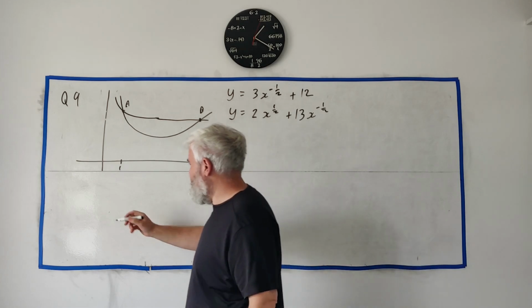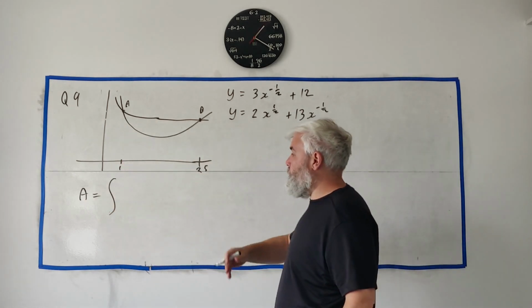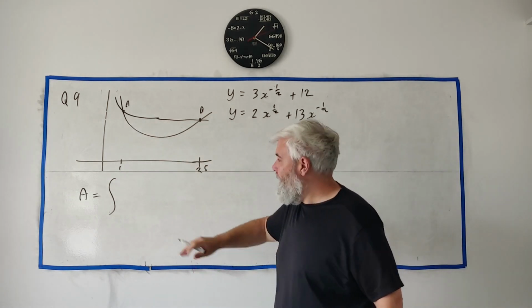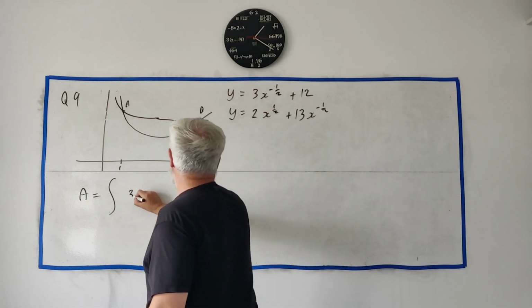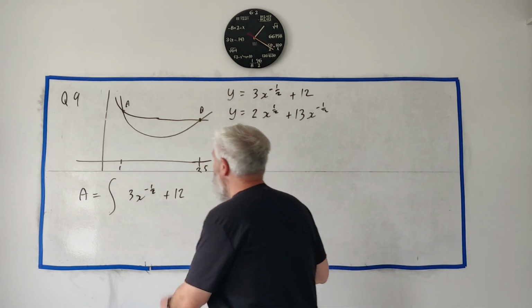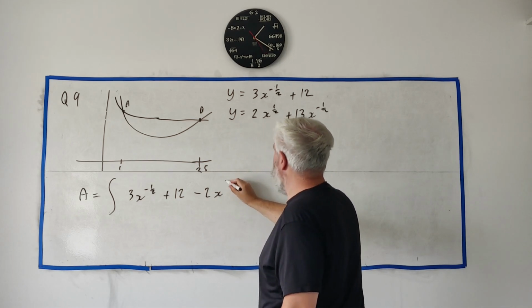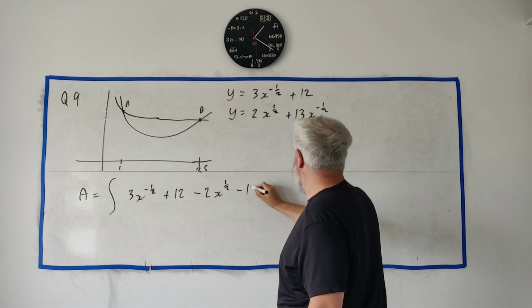Or how I like to do it is the area of this in between bit is the integral of the higher line, which is 3x to the minus a half plus 12, minus the bottom one. So that's minus 2x to the power of a half. So I'm taking this one away. Minus 13.